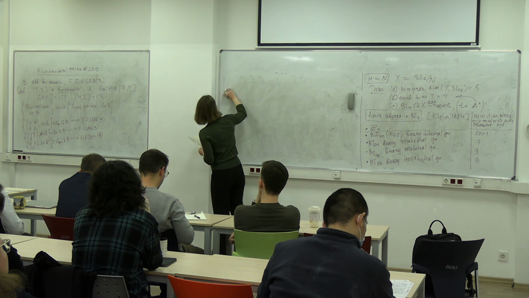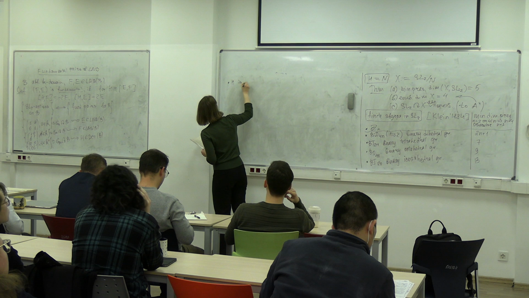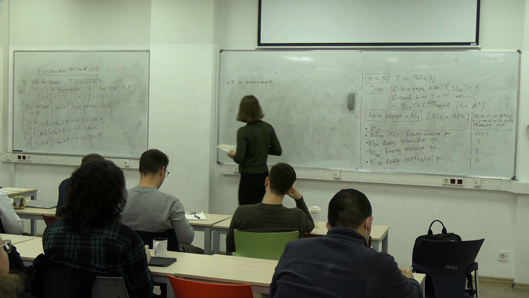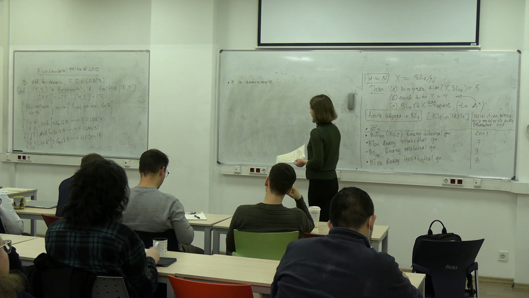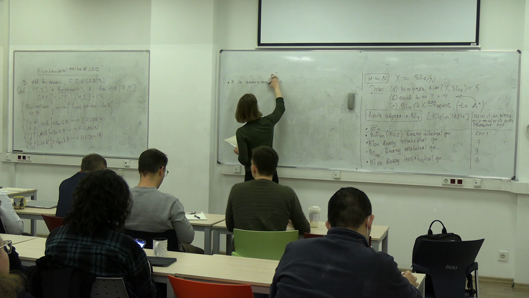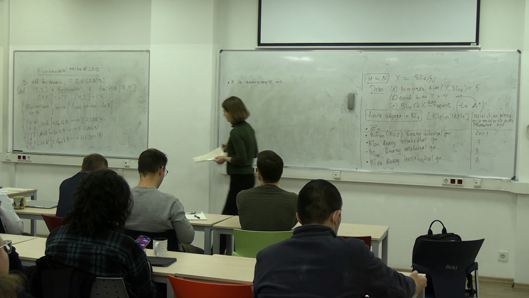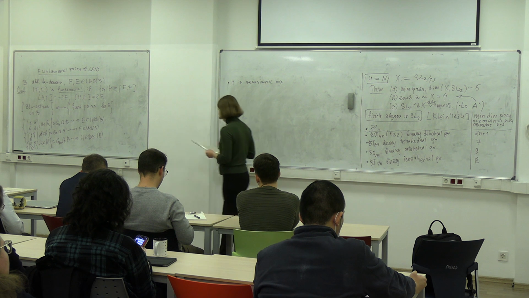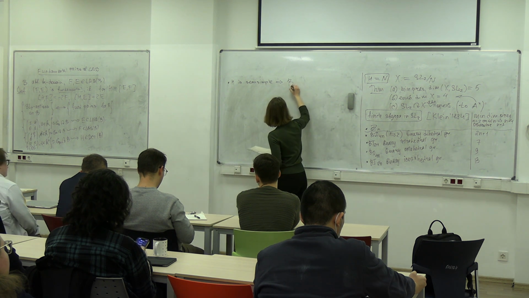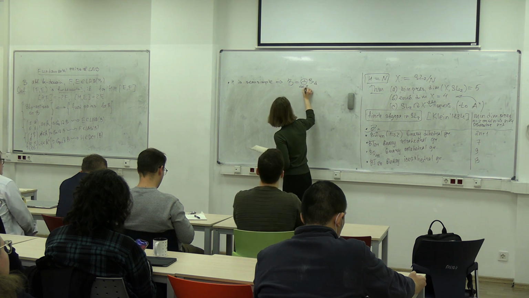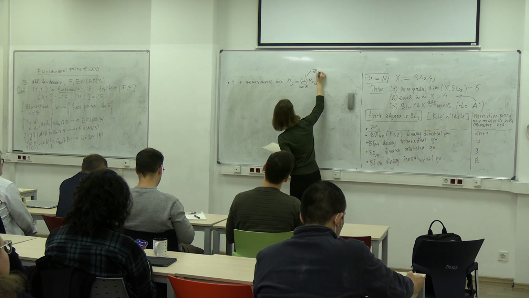So H is semi-simple, which means that it has a basis of eigenvectors, and it gives us the grading on B.